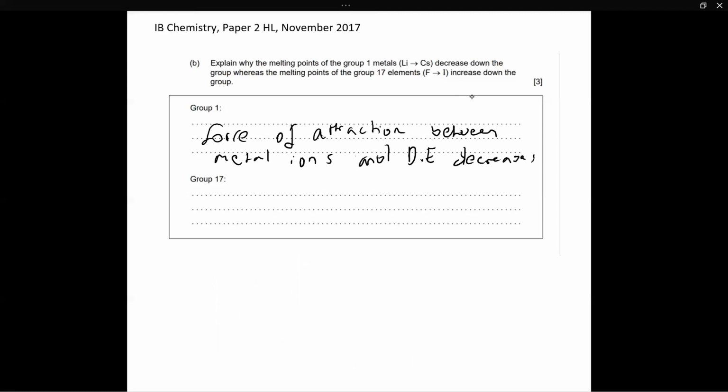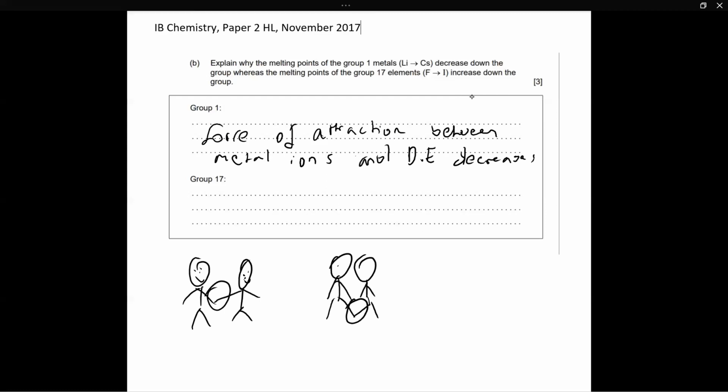So if you want to imagine it, you can imagine that there are two people over here, right? And if they want to hold each other, they can hold each other's hands. So this is one form of bonding. However, another group of people, maybe they're feeling a bit creative, and instead of holding hands, they hold each other's legs. I just made up some weird example, but this is to give you an idea that different types of bonding do exist between different elements.